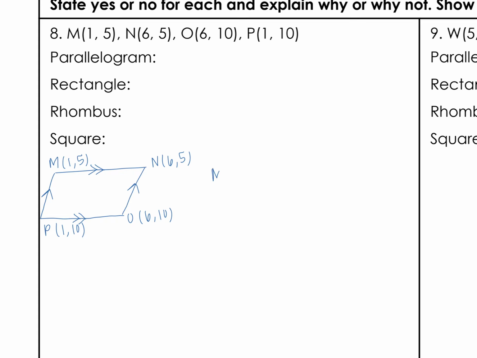So we have MN. So finding the slope of that, we would find the difference of my y coordinates. So 5 minus 5. And then the difference of my x coordinates, so 6 minus 1. I'm going to get 0 over 5. And so that slope is going to be a 0 slope.